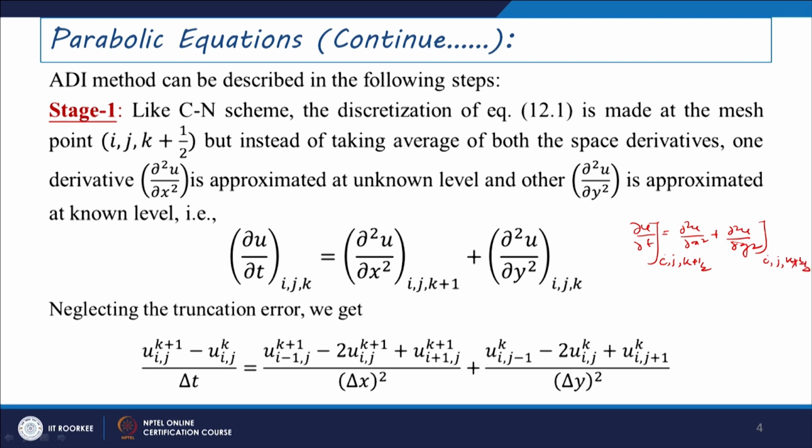If we use the Crank-Nicolson scheme, we consider the time term in central difference form, which takes the coordinates i, j, k, and next k plus 1.